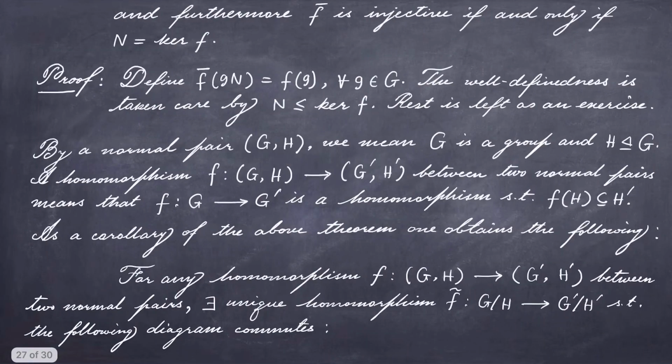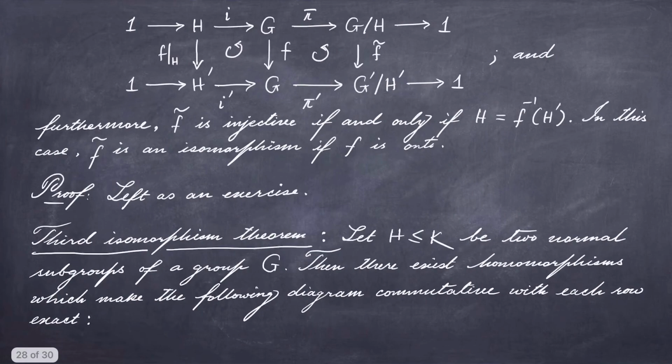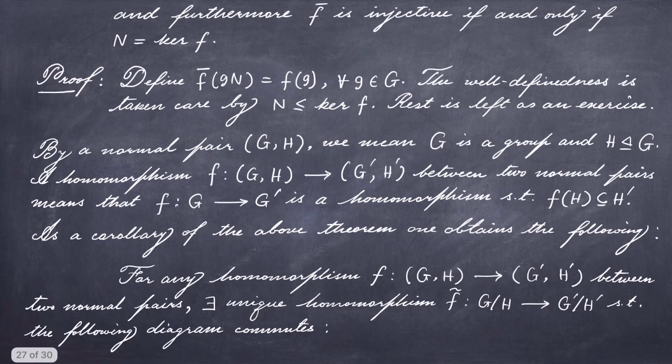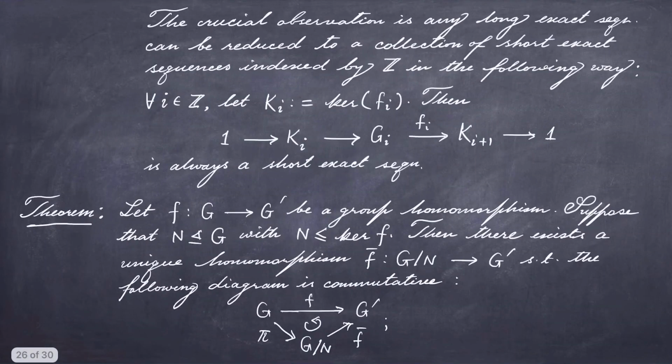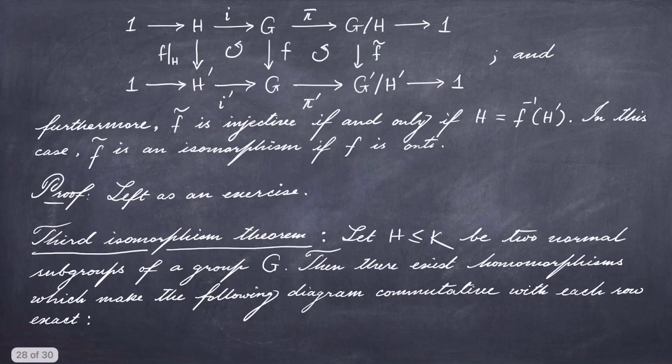I repeat, we are given a homomorphism between two normal pairs. Whenever F is given, using this extension, we get a unique homomorphism F tilde such that this diagram commutes.